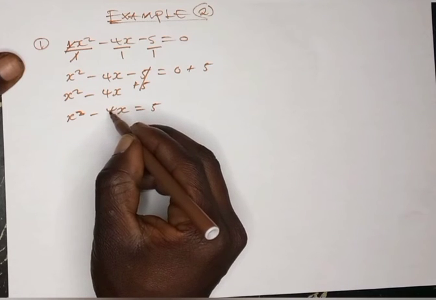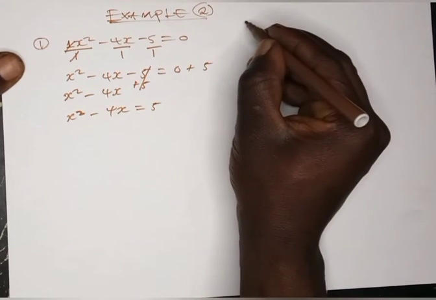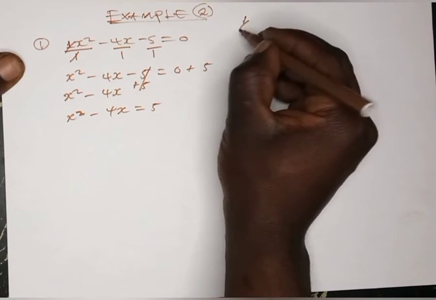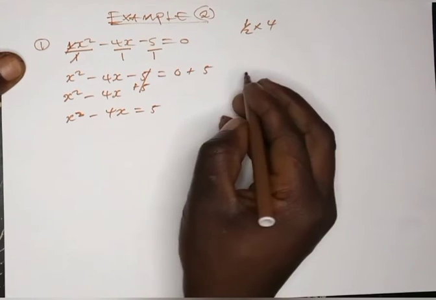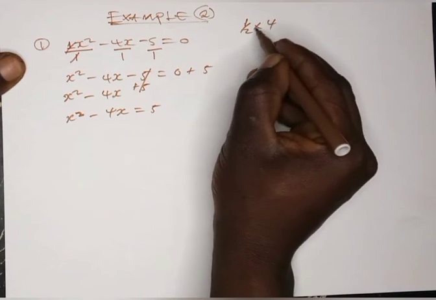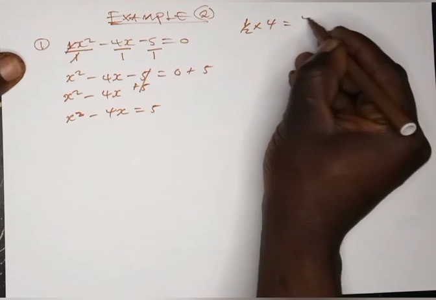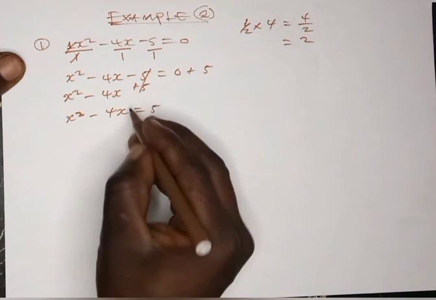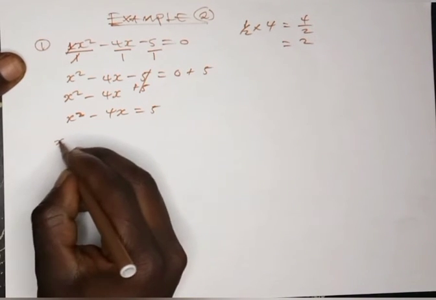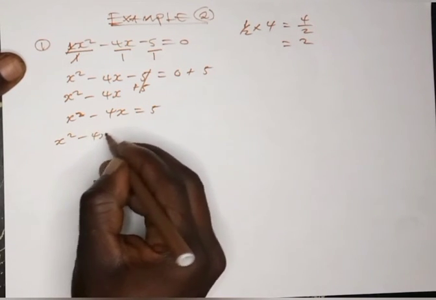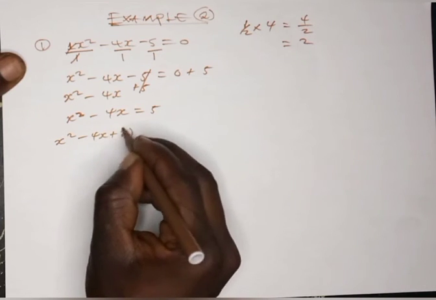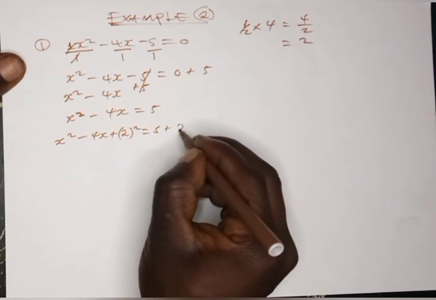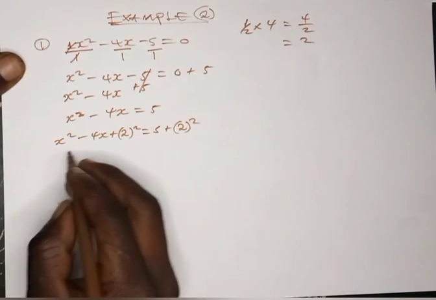So stage 3 now, we are going to look for half of 4. So it will be half times 4, which is 2. Then we square it. Then it will be x squared minus 4x plus 2 squared equals 5 plus 2 squared.